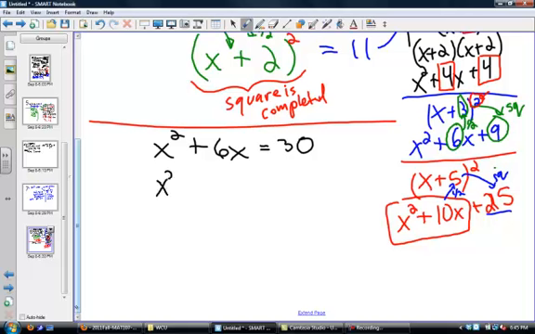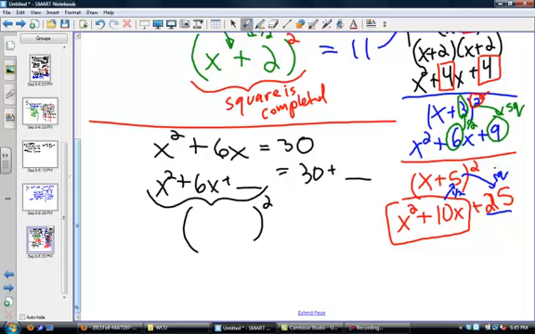I would like to add something to both sides. That something is the answer to this riddle. It's a 9. How can I make this into a perfect square? There's no way that's going to be a perfect square unless it is x plus root half of the 6, 3.